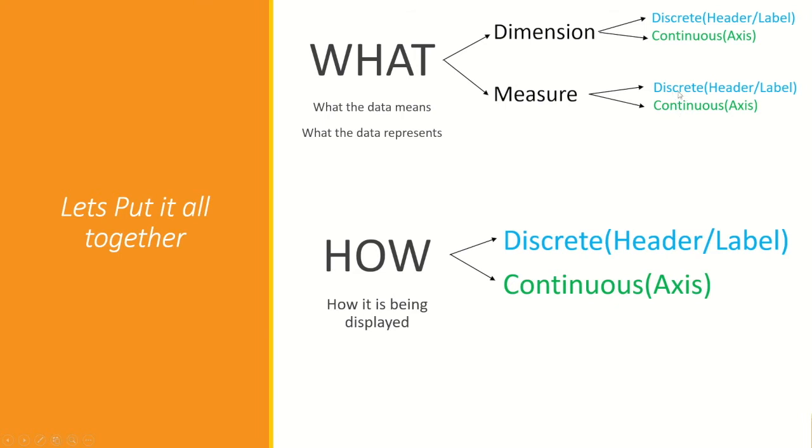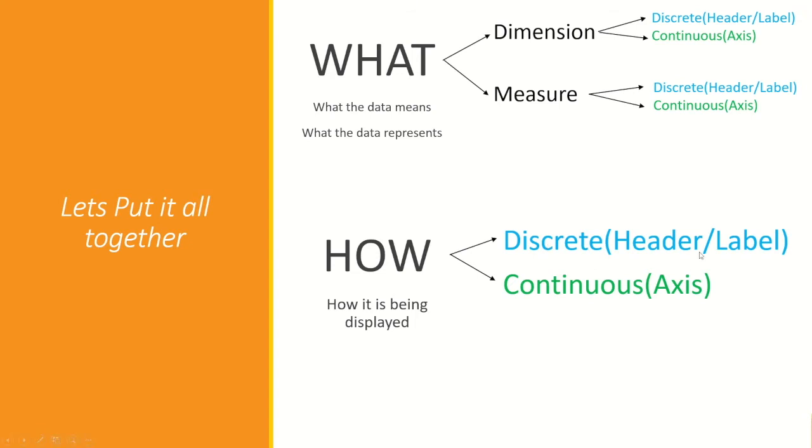So discrete is shown in a blue pill and measure can be shown as a label or a header value. And when it's a continuous axis, you can see it in a green pill. And how is to represent how the data is being displayed in a chart or in Tableau. And that's where dimensions and measures come into the picture. And in terms of continuous and discrete values, continuous values are always shown in a green pill and discrete values are always shown in a blue pill, which is used to represent the header and label.